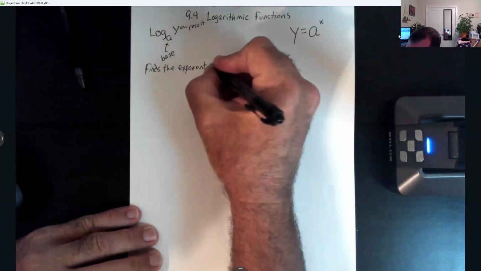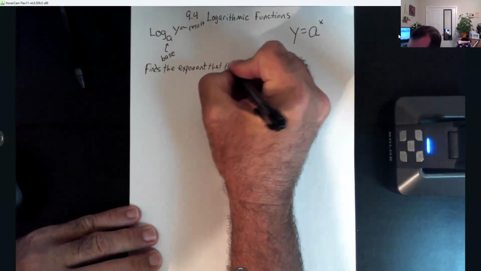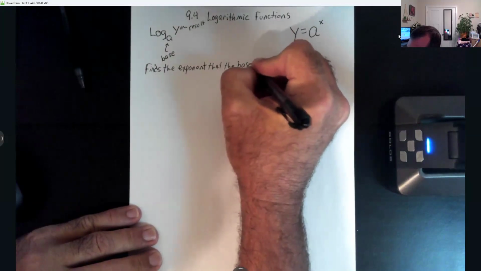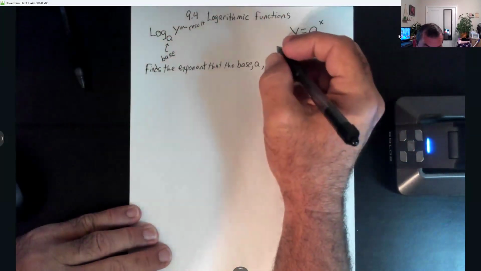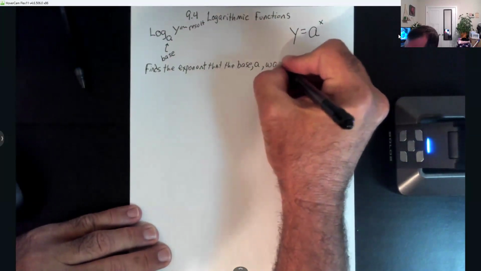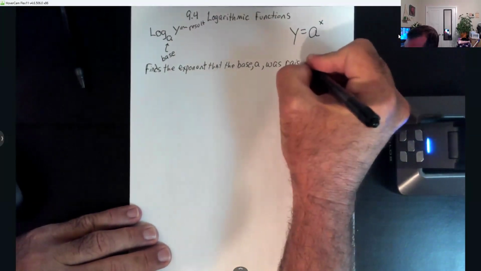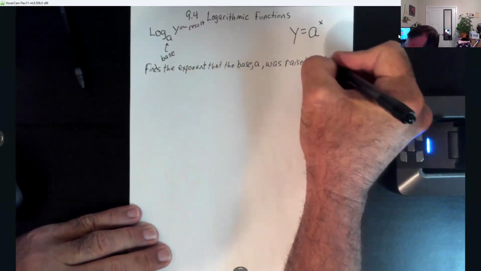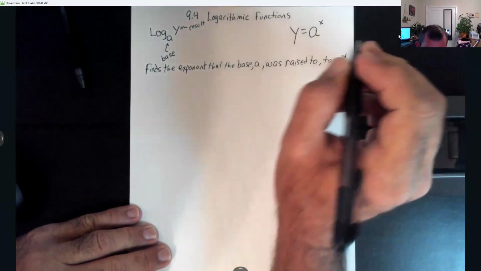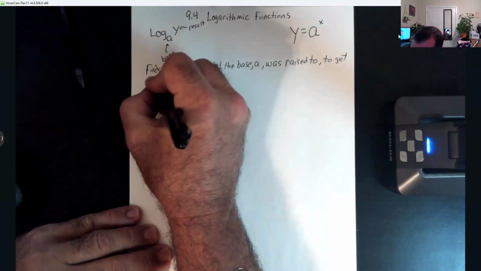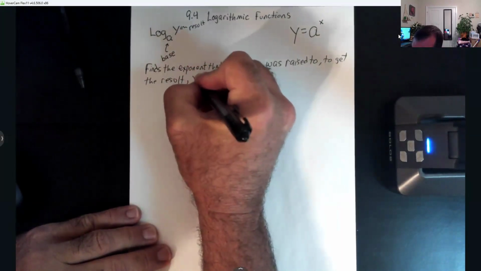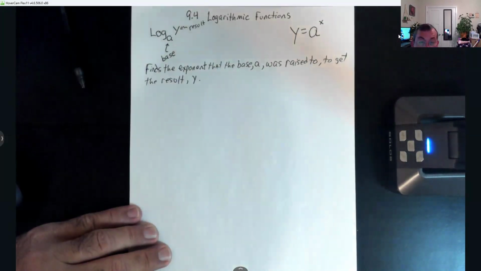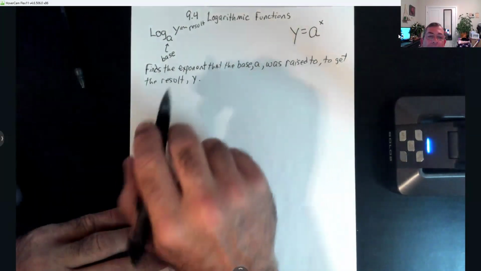That the base, and remember the base is the A here, was raised to get the result Y. Okay.